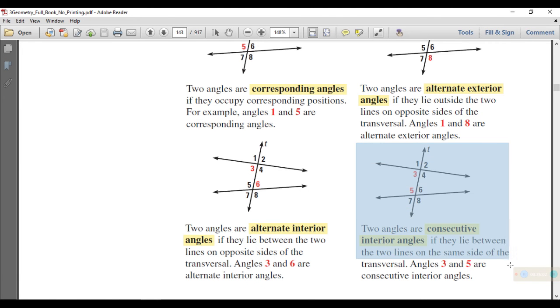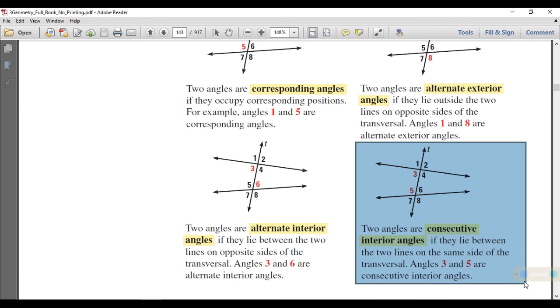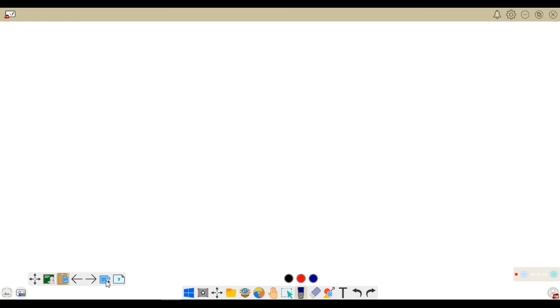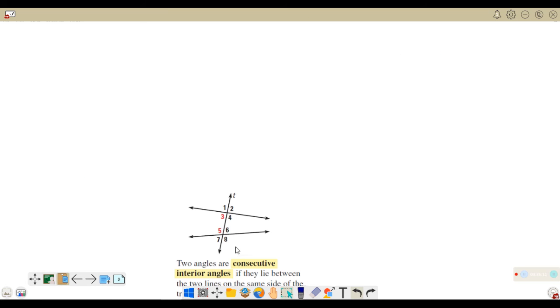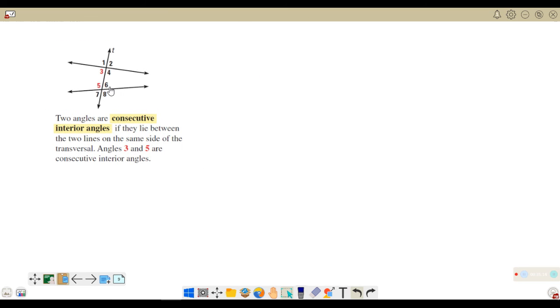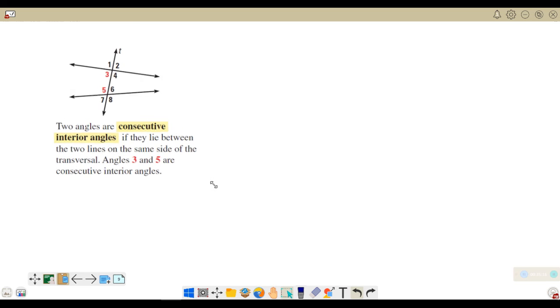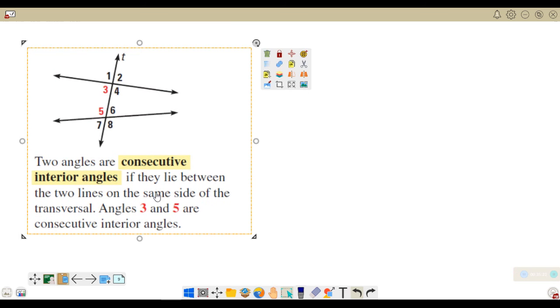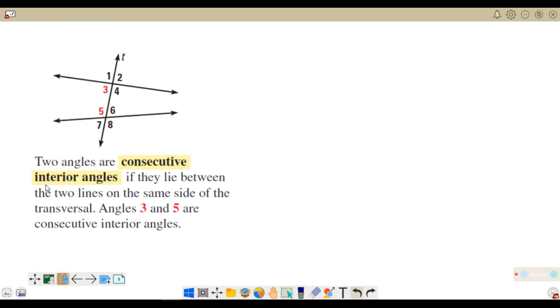Now, consecutive. So, two angles are consecutive interior angles if they lie between the two lines on the same side of the transversal. So, lahat ng details nandyan na. Interior angles on the same side of the transversal. Nakalagay, interior angles, so, consecutive interior.